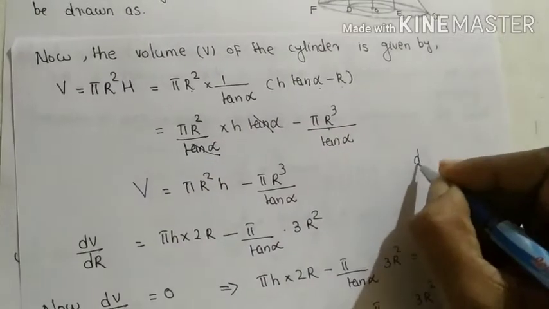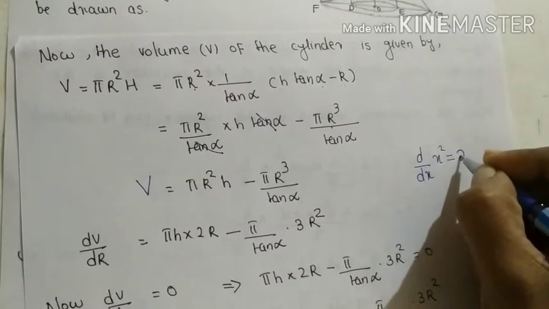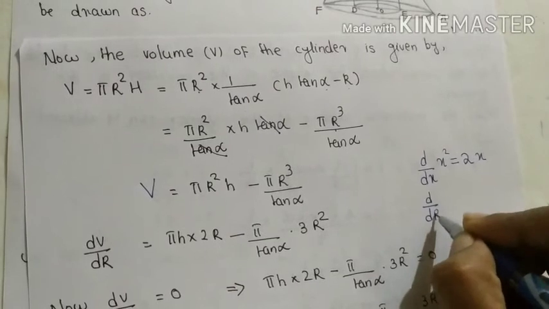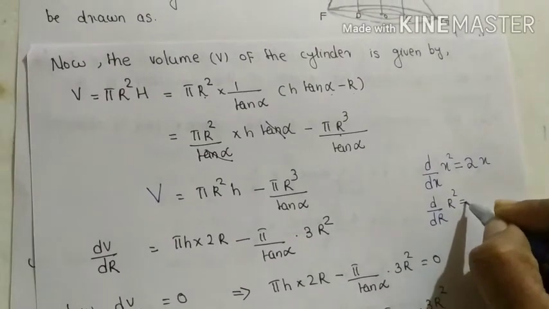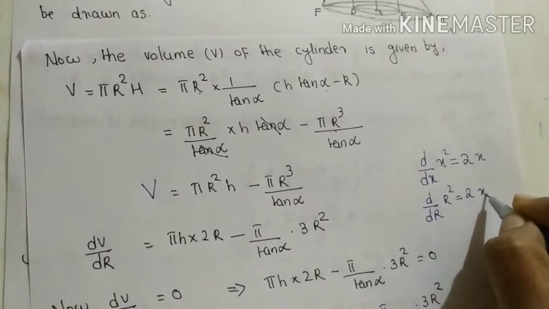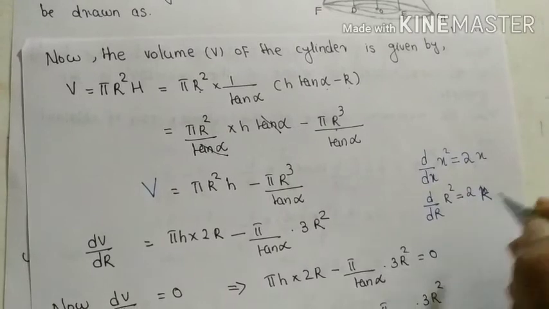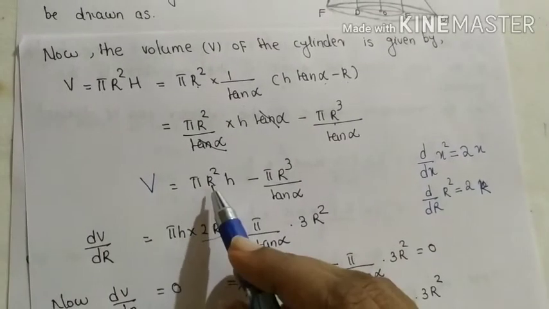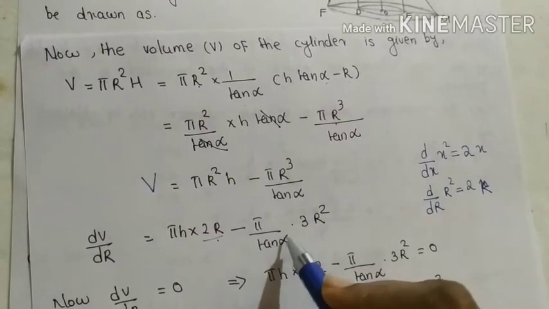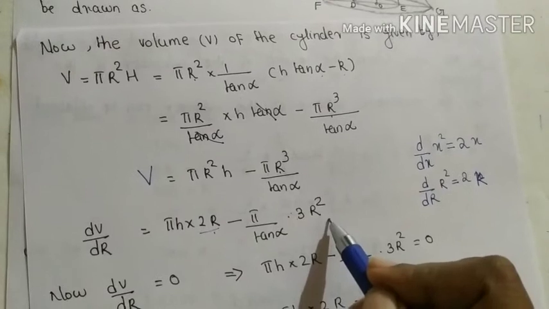We know the standard derivative of x square is 2x, but here we need d by dr of r square, so replacing x by r, we get 2r. Then minus pi by tan alpha is a constant, and the derivative of r cube is 3r square.